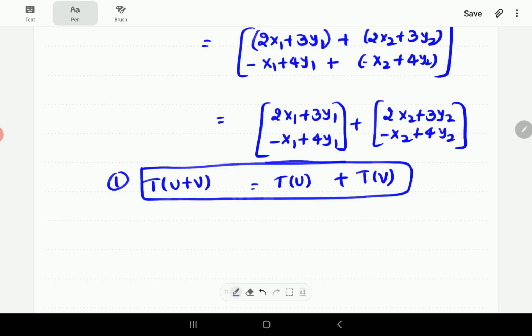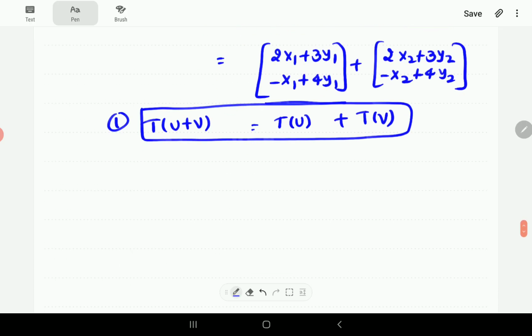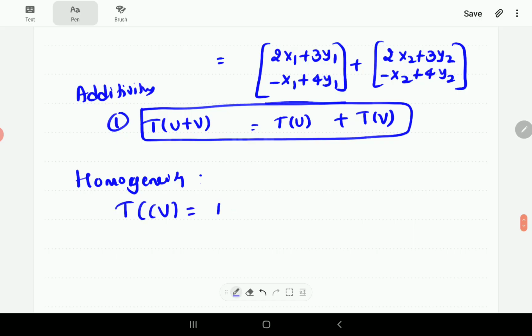Now let us check the second one. The first property is called additivity, and the second one is called homogeneity. So let us check that also. T of c into v is equal to T of (c x2, c y2), taking v as (x2, y2).